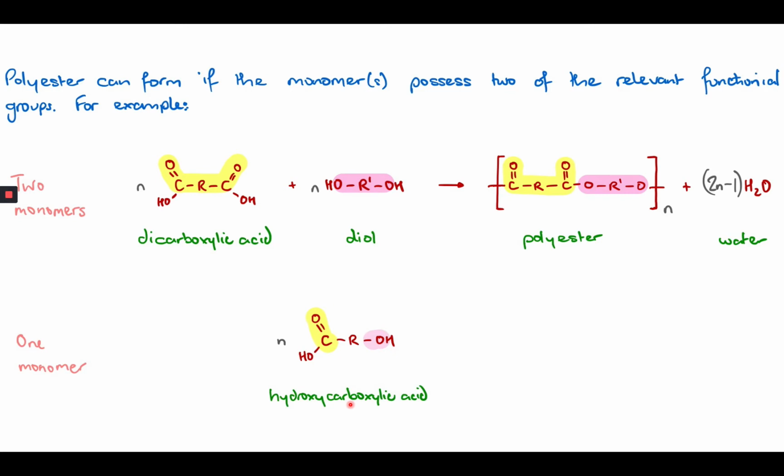So when you did aldehydes and ketones, and you did the nucleophilic addition reaction with cyanide ions, you produced a hydroxynitrile. So anyway, it's just to remind you about that.